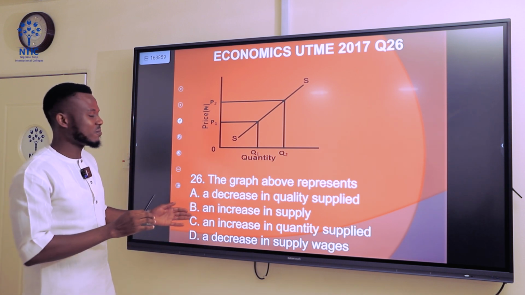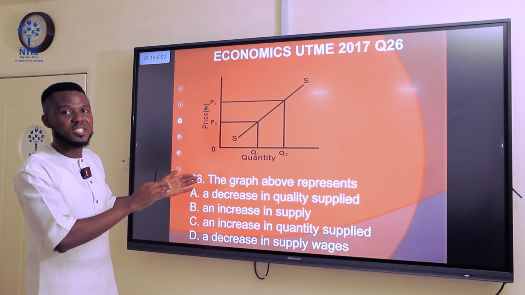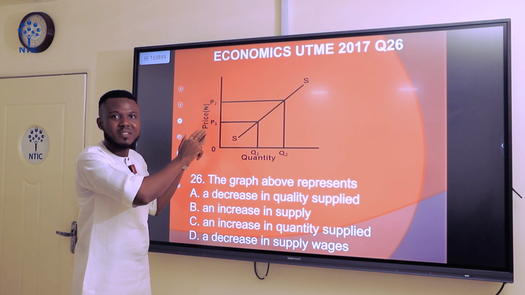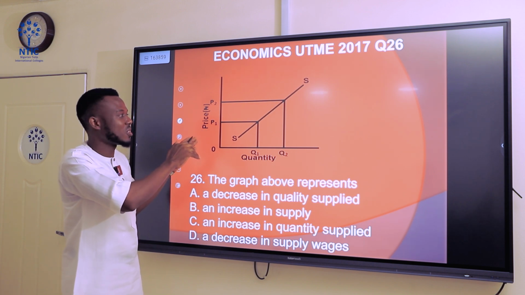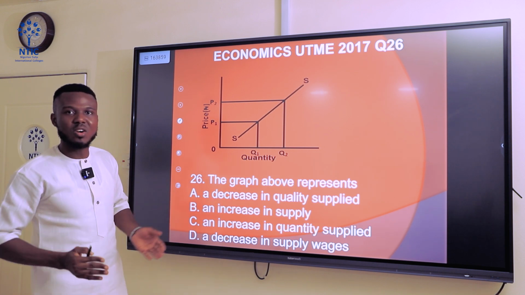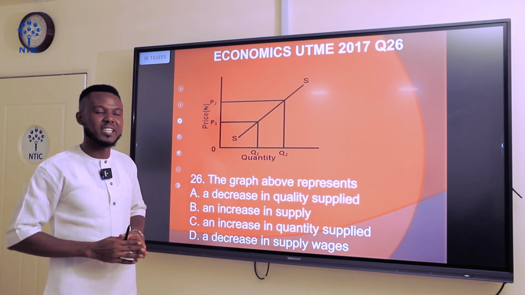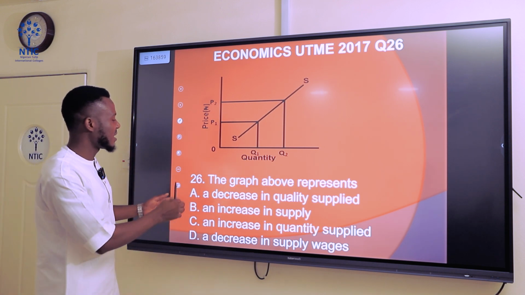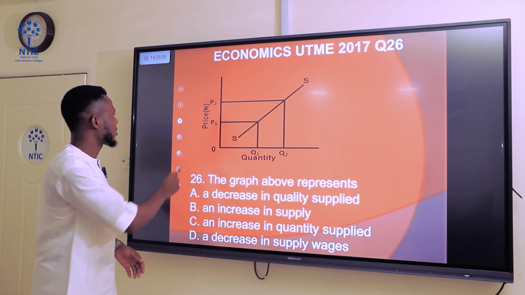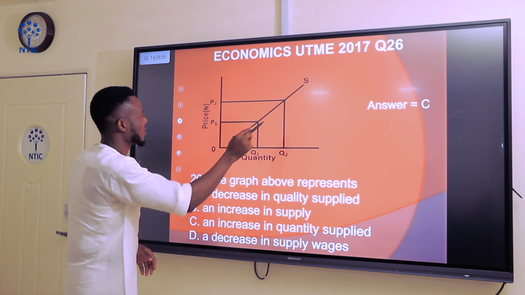The difference here is that for an increase in quantity supplied, only price is a factor capable of bringing about an increase in quantity supplied, while all other factors that affect supply can be grouped as an increase in supply. So our answer here will be C.